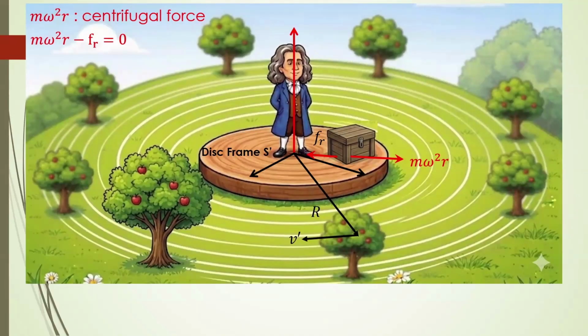Sailesh sir, what do you say? What I feel is that the force acting on the tree outside the disk is not along the radius vector. It will be tangential to the circular path shown here.